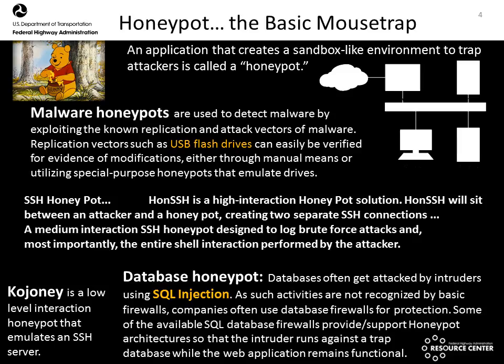Some of the available SQL data firewalls provide support for honeypot architecture, so that the intruder runs against a trapped database while the web application remains functional. Yet another honeypot is called Glastopf. It is a low-level, interactive honeypot that emulates an SSH server. Honeypots are critical applications utilized as part of your defense in depth strategy.